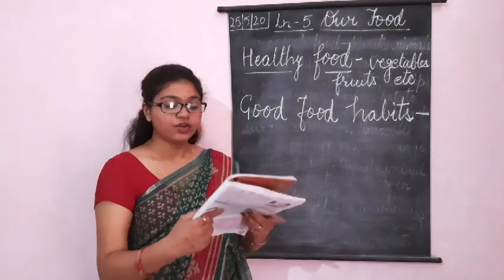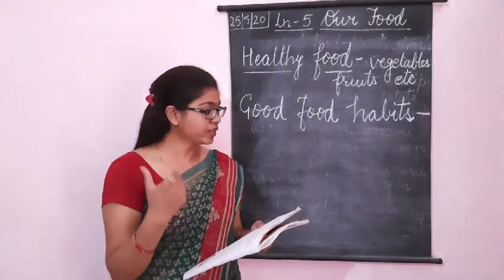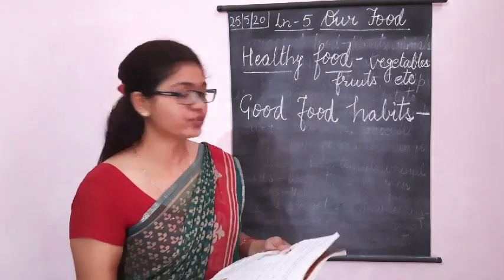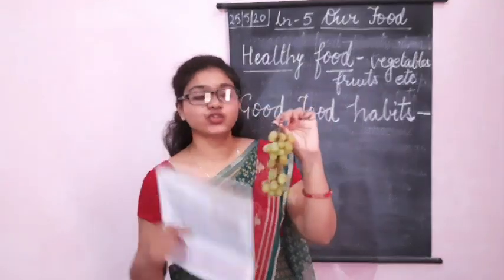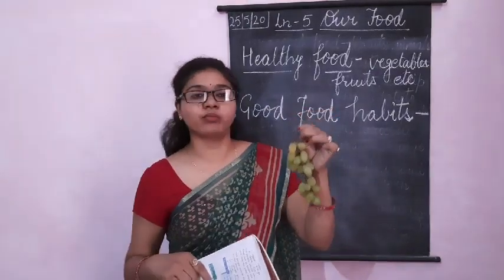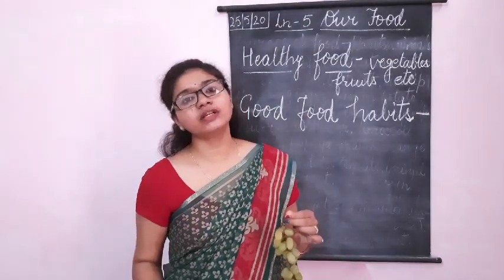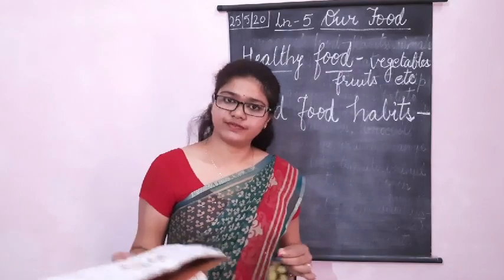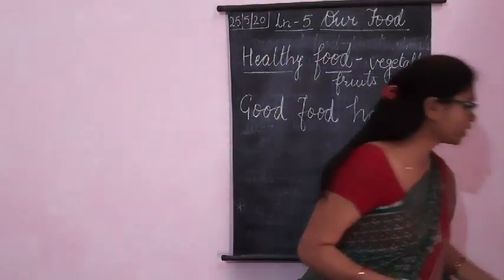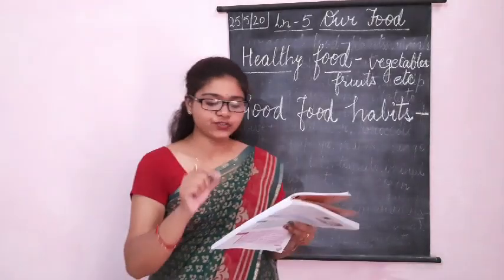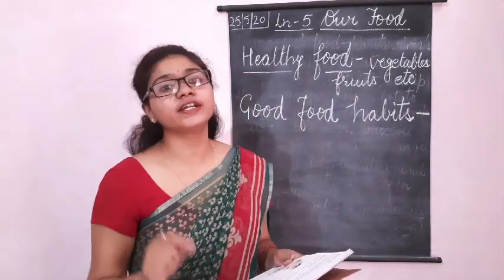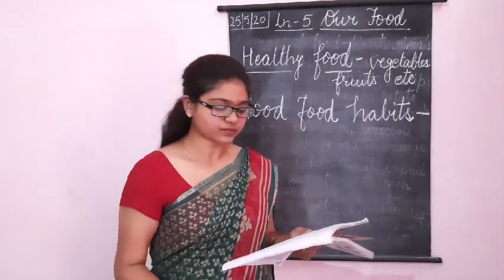And second, wash your fruits. If you are going to eat any fruit, suppose you are going to eat these grapes, you should wash them properly, whether fruit or vegetable, before eating.